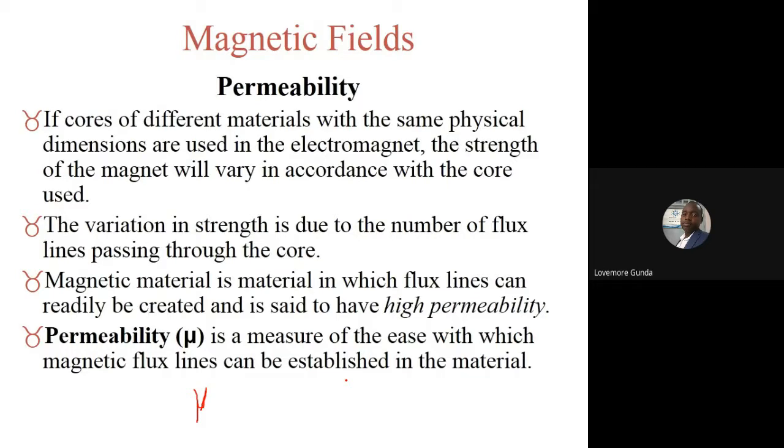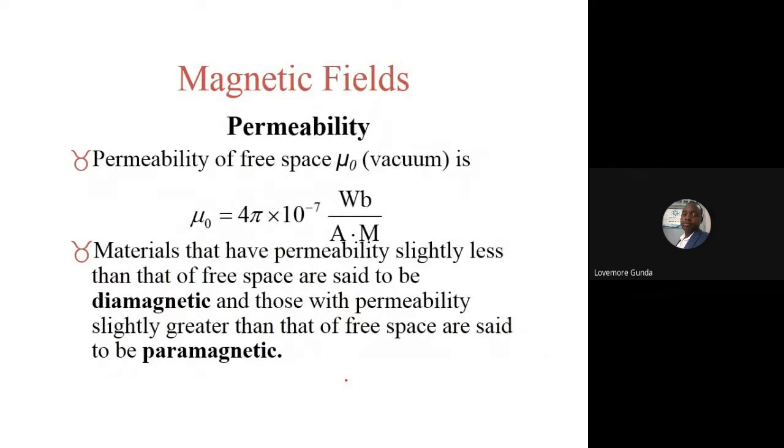The permeability of a vacuum or free air is given by 4 pi times 10 to the power of -7.